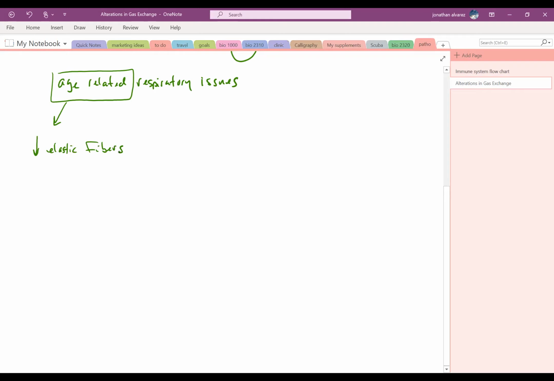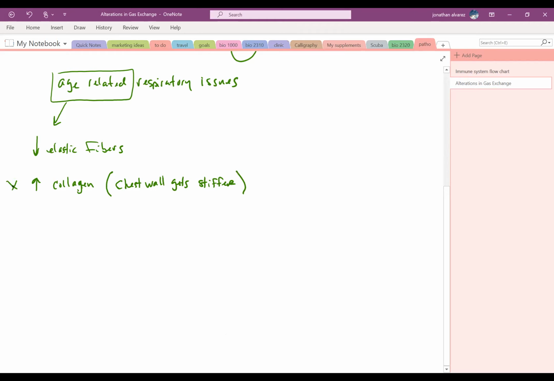Okay, the lung does have a stroma, and woven within all that is some elastic fibers. Gives the lungs the ability to recoil. They can have an increase in collagen. Okay, when this happens, the chest wall gets stiffer.